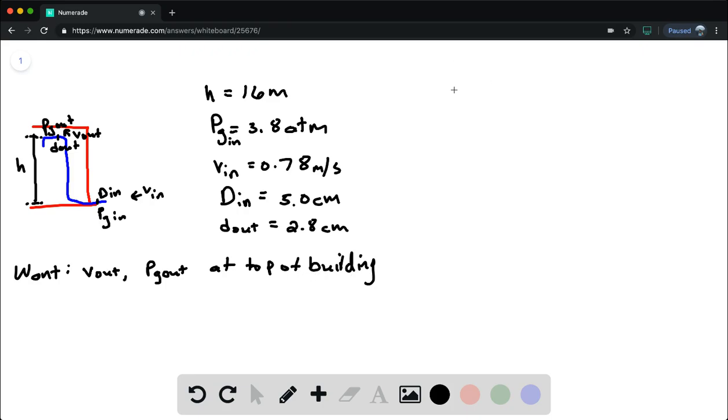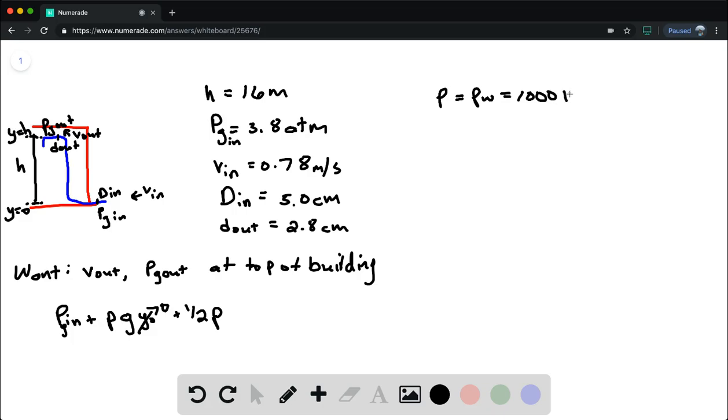And we can start by writing Bernoulli's equation. So the input gauge pressure plus rho g y0, which we can take to be 0. We can just define this as y equals 0 here, and this equals the pressure at y equals h plus 1/2 rho, where rho is the density of water. What is rho for water? This is just a known constant, so you can find this earlier in chapter 10 in the textbook, 1,000 kilograms per meter cubed. Times the input velocity squared.